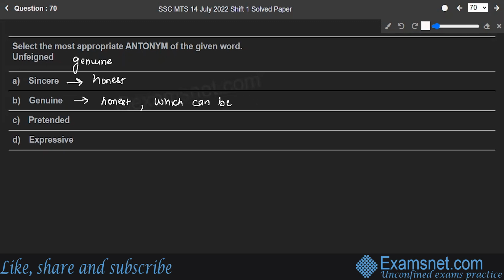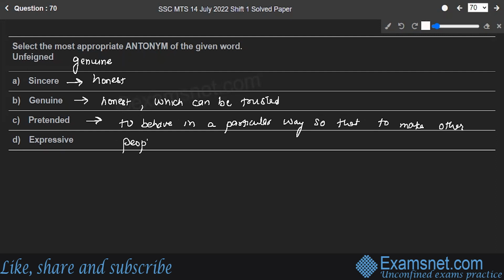Then is the word pretended. It means to behave in a particular way in order to make other people believe something that is not true.